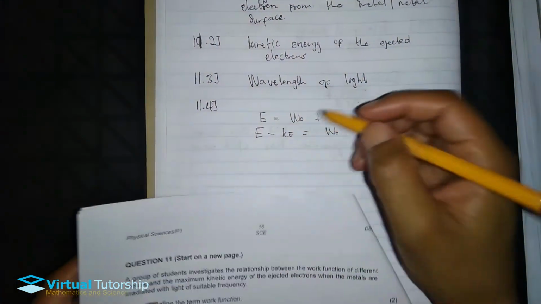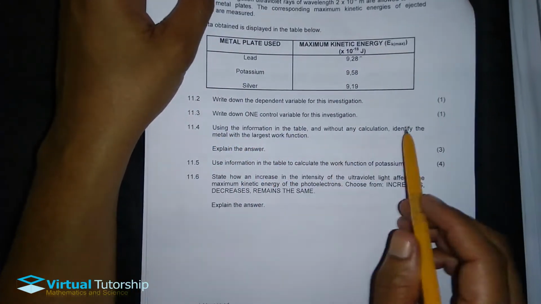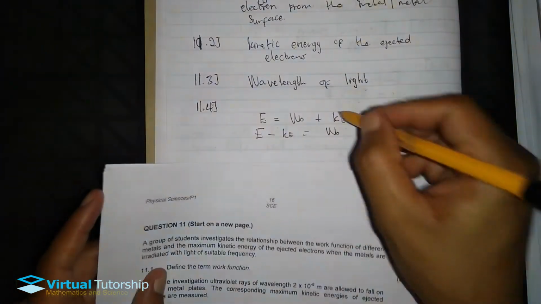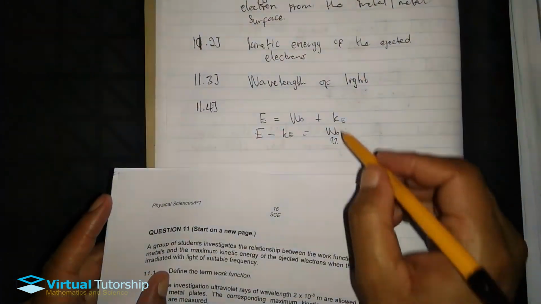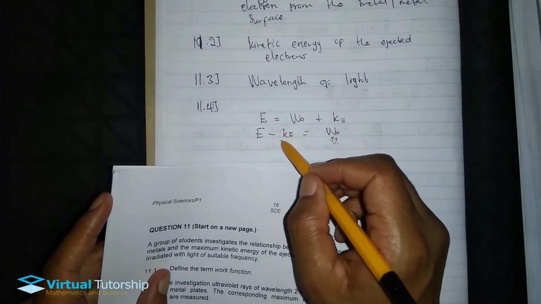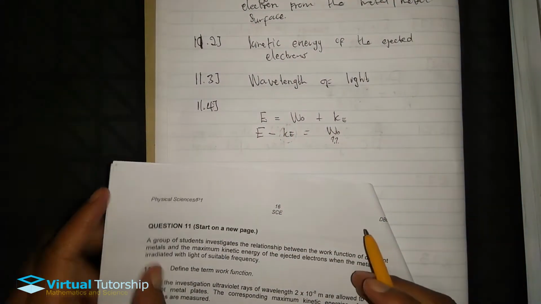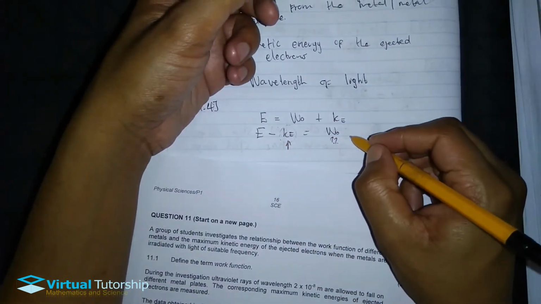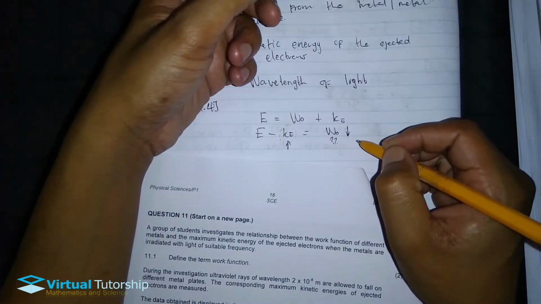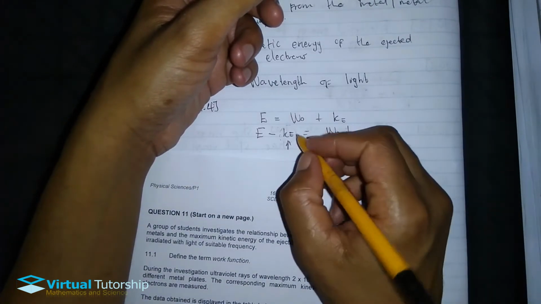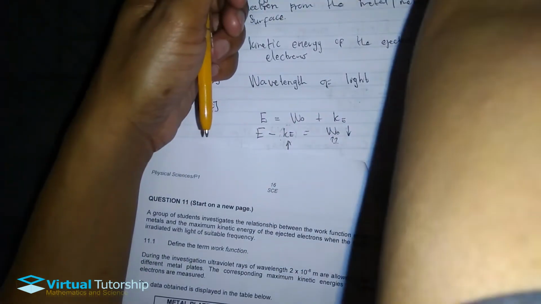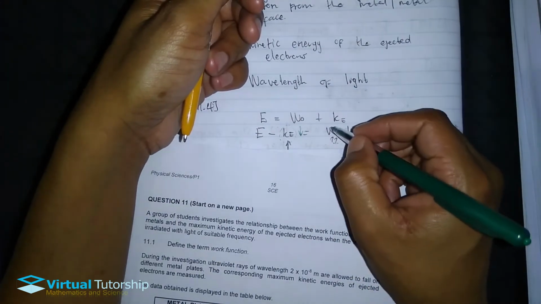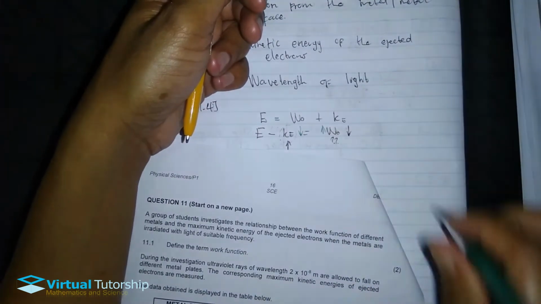So what is the relationship? Using the information, we identify the metal with the largest work function. We want to know which one produces the largest work function, and they gave us the kinetic energies. Do you realize that from this equation, if kinetic energy increases, the work function decreases? If kinetic energy is decreasing, it means the work function is increasing.